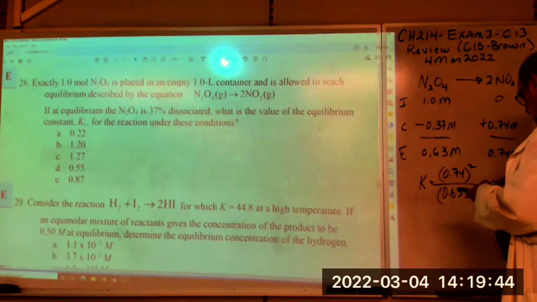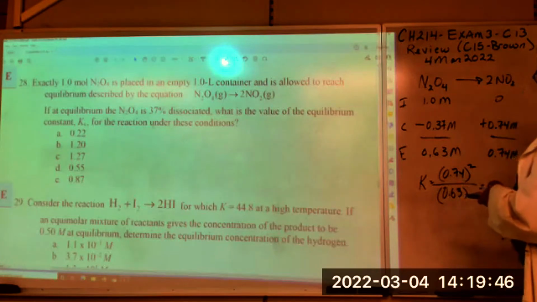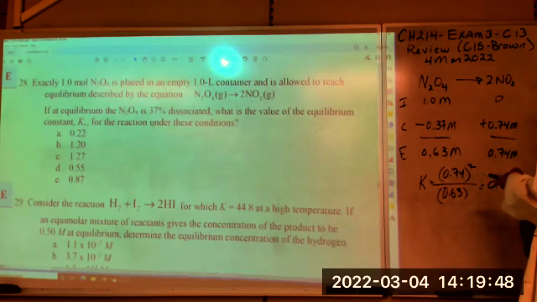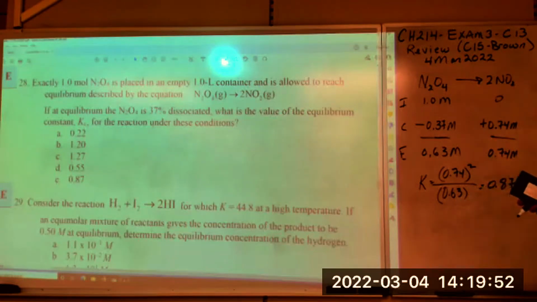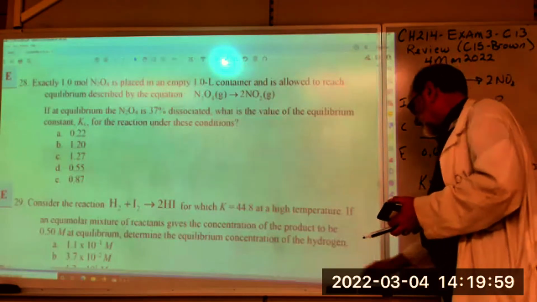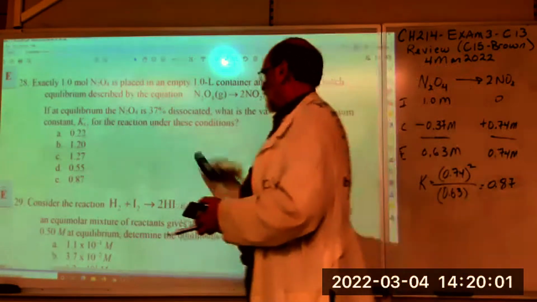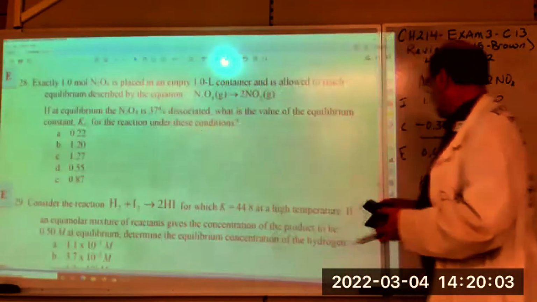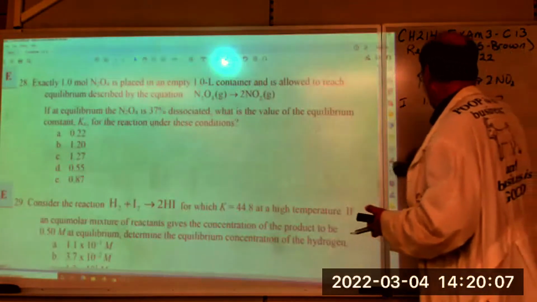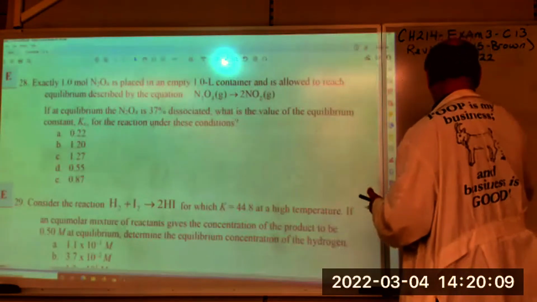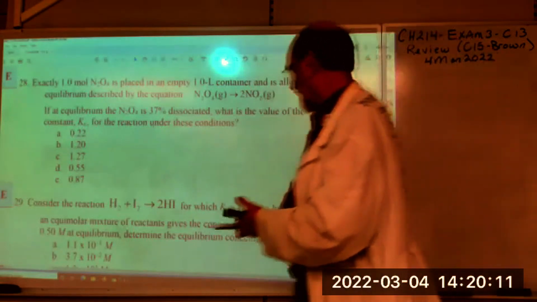So I get 2 significant figures, 0.87. There it is, E. The trick to this one, I think, is understanding what we mean by 37% dissociated.